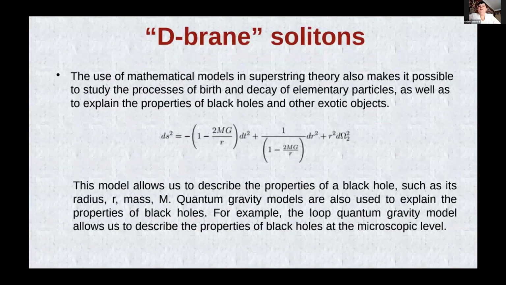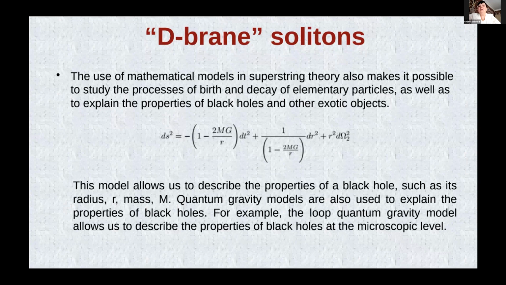Next question is connected with de Bruijns as solitons. The use of mathematical models, about which I have said just a minute, in superstring theory also makes it possible to study the processes of birth and decay of elementary particles, as well as to explain the properties of black holes and other exotic objects. There is a formula for the Schwarzschild metric of such an object as a black hole.